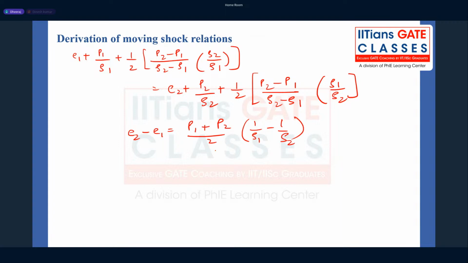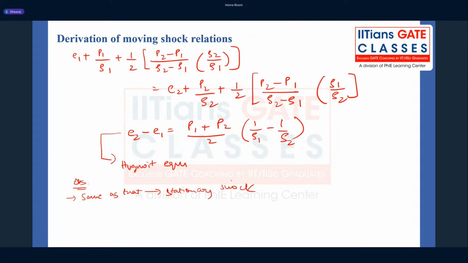So this is the usual Hugoniot equation. The observation that can be made is that it is the same as what we derived for the stationary shock problem, right?